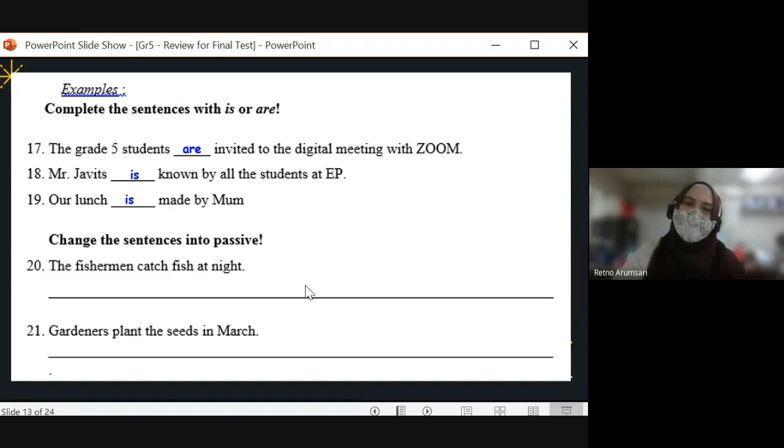It's not 100 fishes, but it's 100 fish. So fish here is more than one. Okay, so we put the object of the sentence at the beginning of the passive sentence. Fish, and then followed by what?